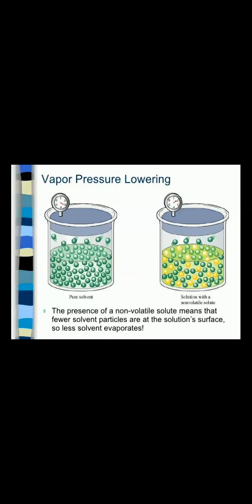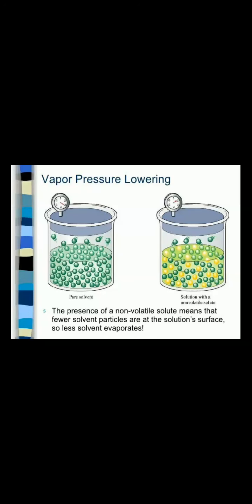Whereas the second container consists of the same solvent containing a non-volatile solute, forming a solution. The vapor pressure of a liquid solvent is lowered when a non-volatile solute is dissolved. This is because the surface area is not completely available for the volatile solvent.